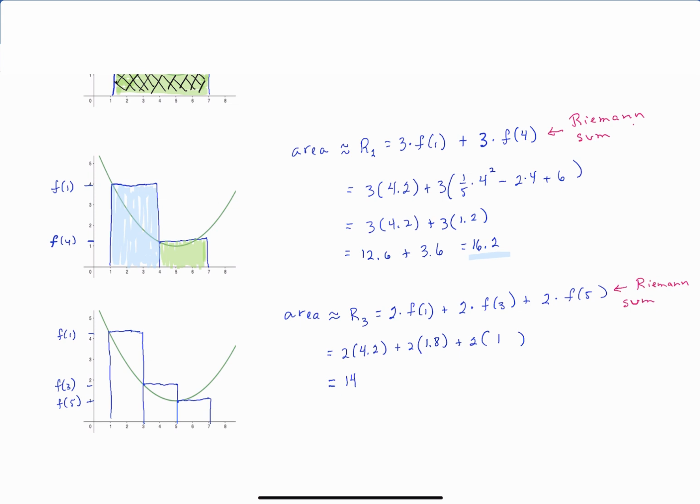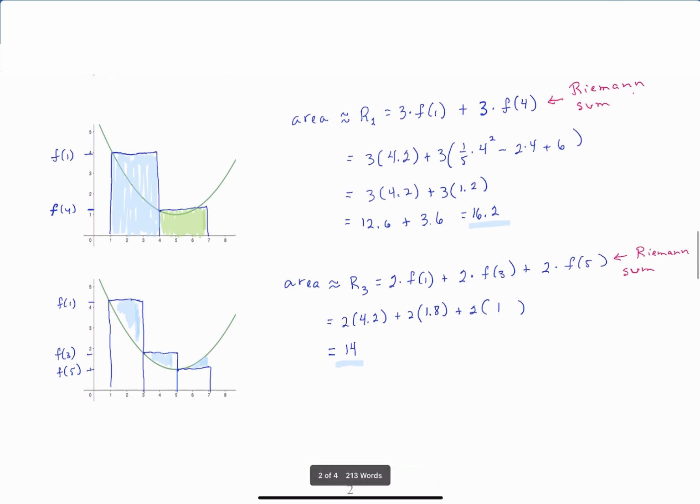Then with 3 rectangles, we got 14. You can see this is also still an overestimate because there's so much stuff sticking up above the curve. Now this last rectangle was a little bit of an underestimate, but still, in total, we've got more stuff above the curve than below. So I can see that 14 is an overestimate.